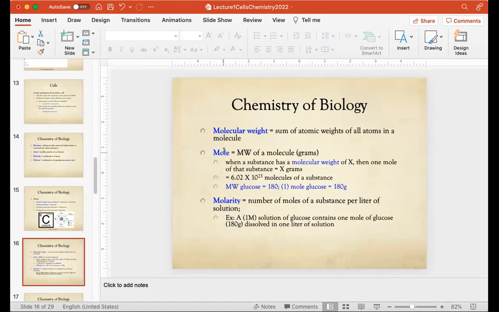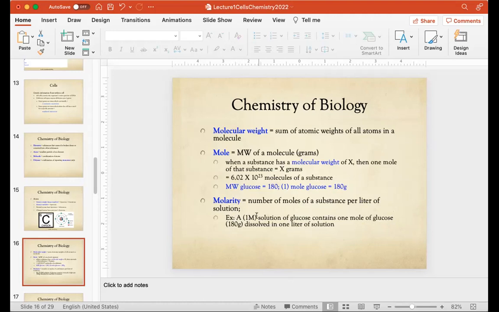And remember, moles are just molecular weight in grams. So for example, when a substance has a molecular weight, let's say of X, then 1 mole of that substance is going to be X grams. If I want to make a 1 molar solution, I'm going to take those X grams and put them in 1 liter of whatever it is I'm dissolving it in.